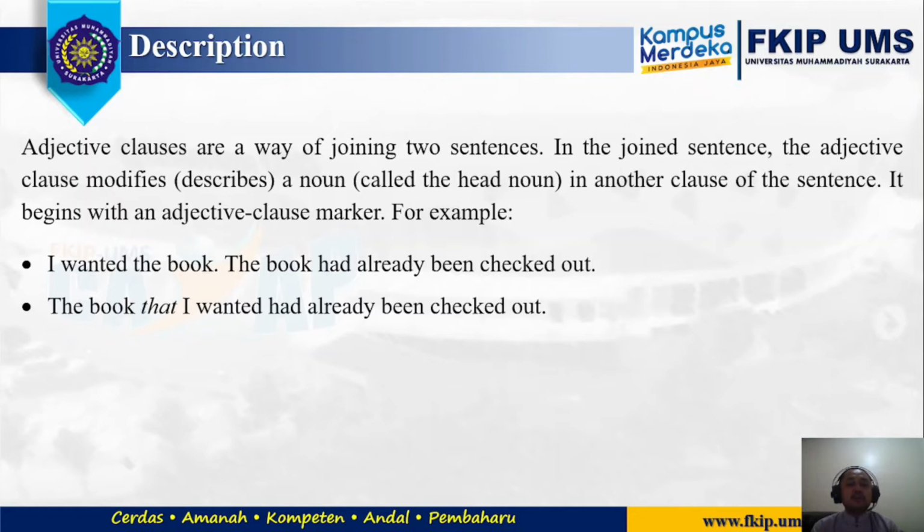And "had already been checked out" is the independent clause, still the same pattern with the book. We can remove this adjective clause, for example: the book had already been checked out. So "that I wanted" is the adjective clause explaining the book itself, the book that I wanted. So that's why it's called an adjective clause. Okay, you got it, right?